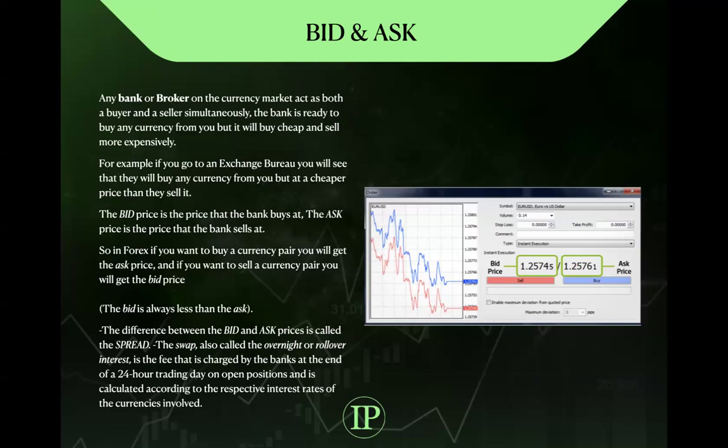Okay. Then we have the swap, which is also called overnight or rollover interest, is the fee that is charged by the bank at the end of the 24-hour trading day on open positions, is calculated according to the respective interest rates of the currencies involved. Okay, so you're basically just paying for keeping your trade open.